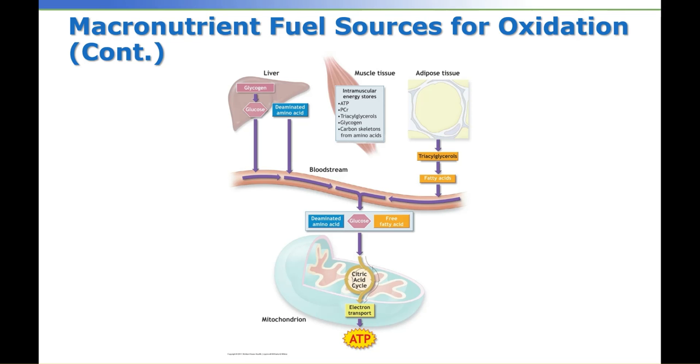These are used in the citric acid cycle, okay, in the mitochondria, or the Krebs cycle, in an electron transport chain, so that electrons are released and ATP is created.